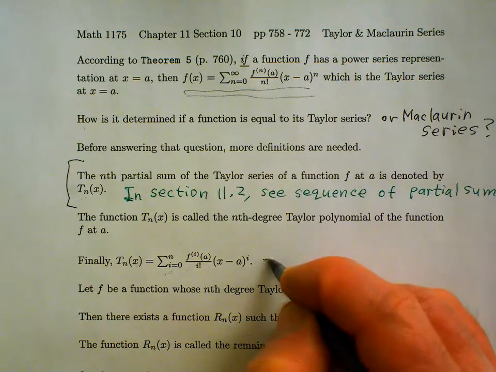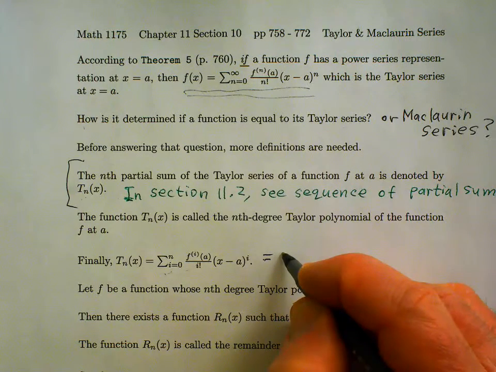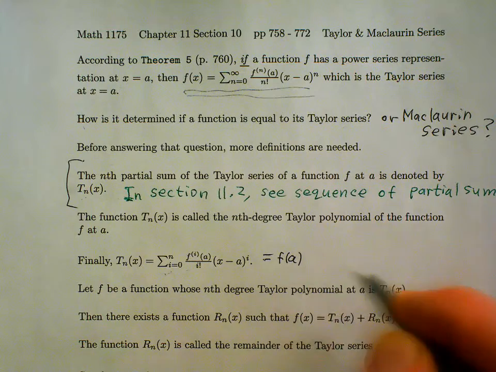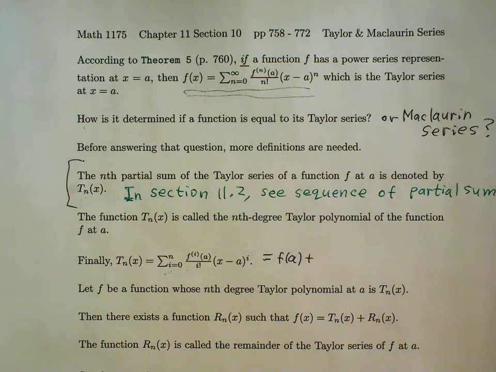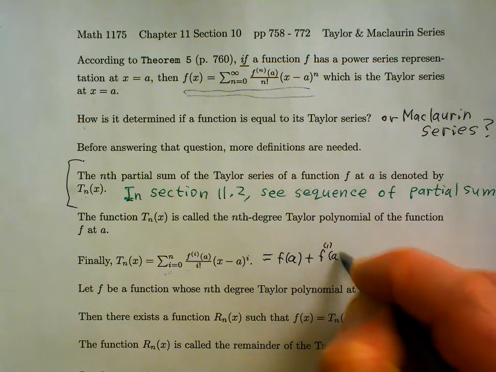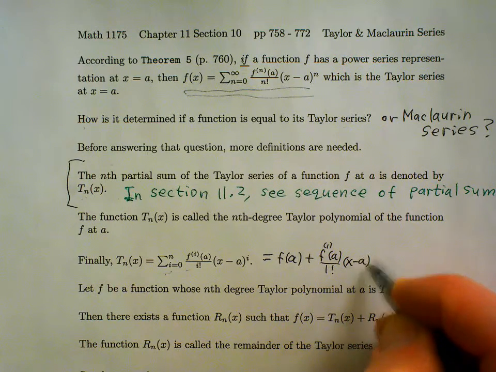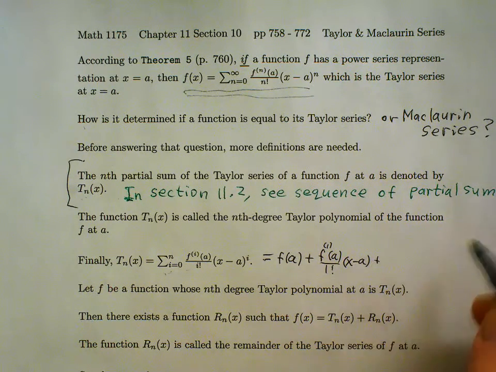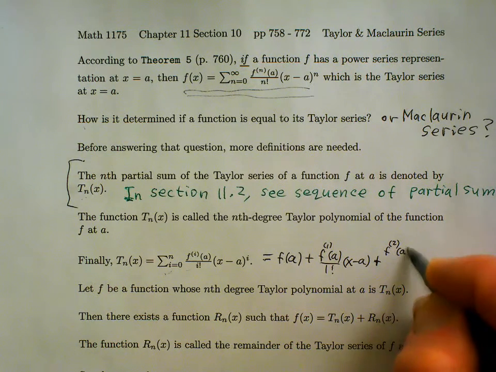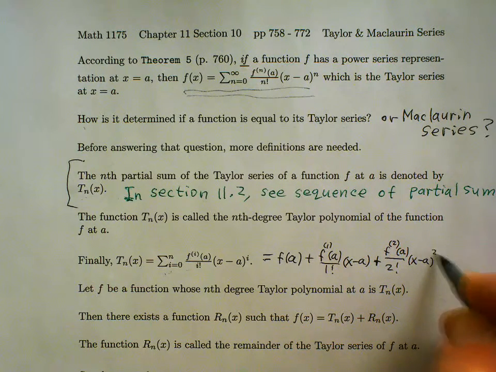So if you were to expand this, the first term would be the function f evaluated at a. Then the second term, the first derivative of f evaluated at a divided by 1 factorial times x minus a to the first. Then the second derivative of f evaluated at a divided by 2 factorial times x minus a to the second, and so on.